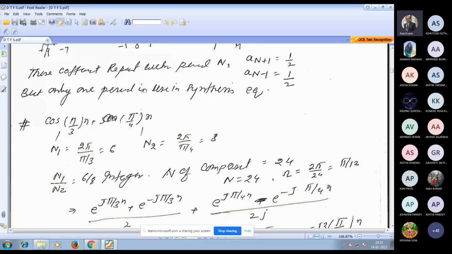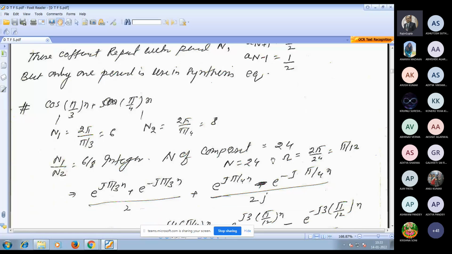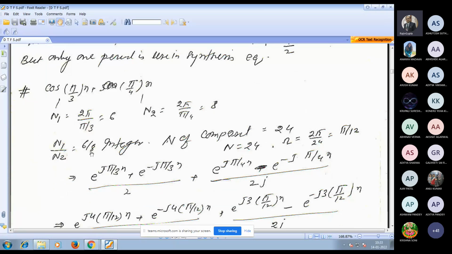Since this signal is a composite signal, in order to find out the overall time period of this, first we will go for the individual time periods, that is 6 and 8. By taking the LCM of 6 and 8, we will have 24. And then omega is 2 pi by 24, which is pi by 12. And I'll expand this cos and sine in terms of exponentials.